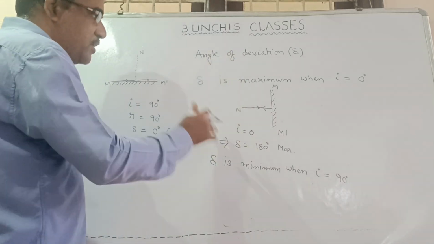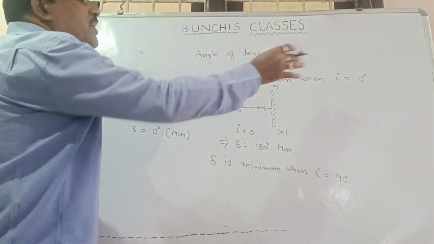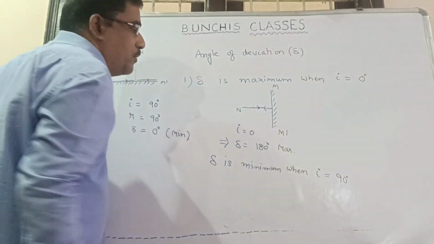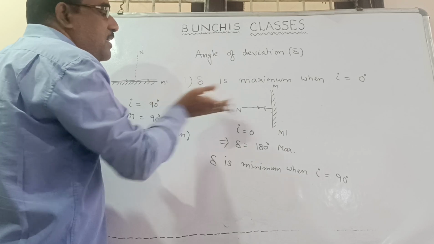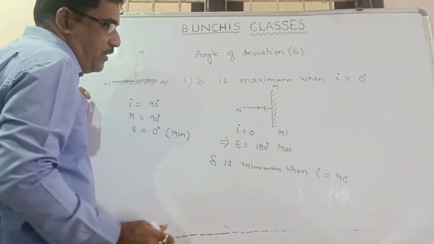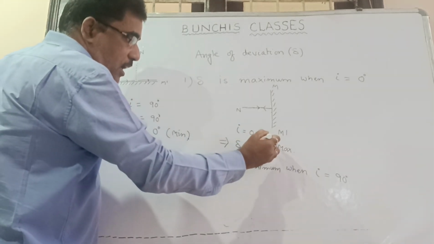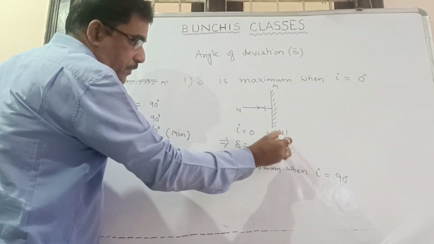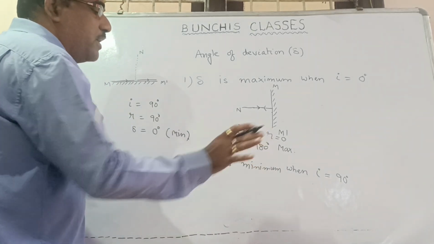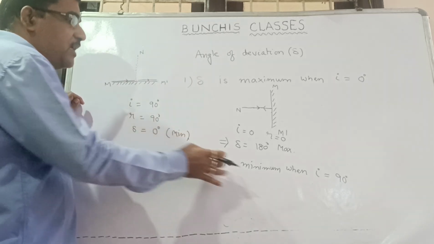So in these two cases, first case when delta is maximum, when incident angle I is equal to 0. So when incident ray is falling at 0 degrees angle with the normal, then I is equal to 0, then R is also 0, then delta is 180 degrees, which is maximum.